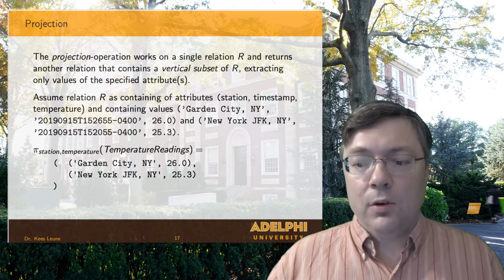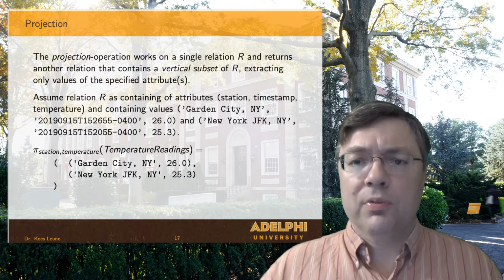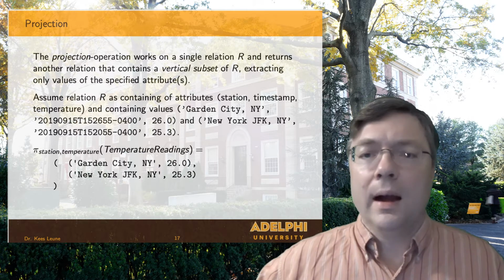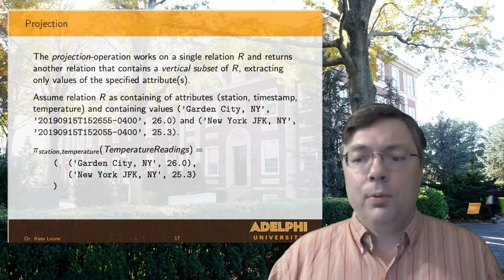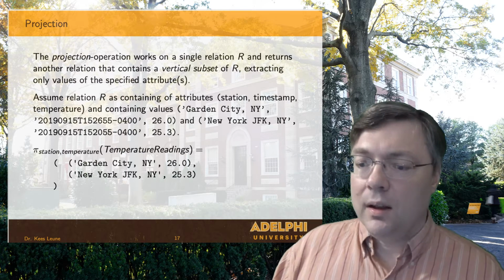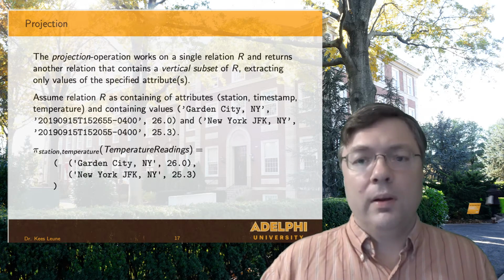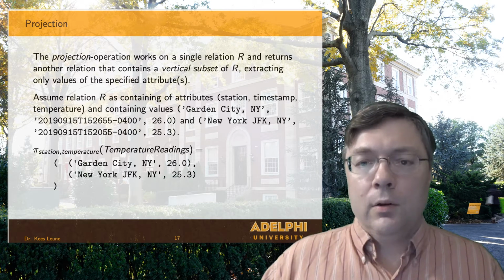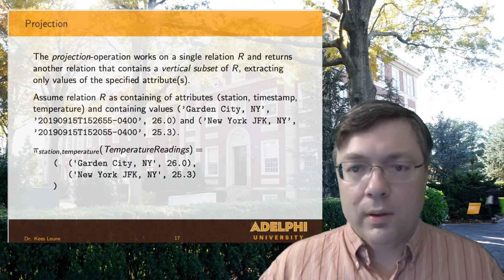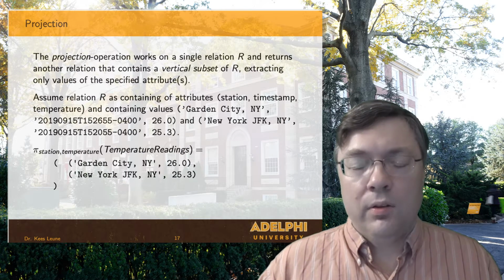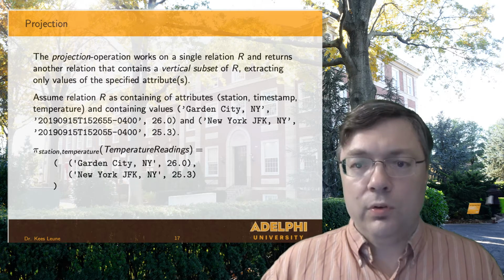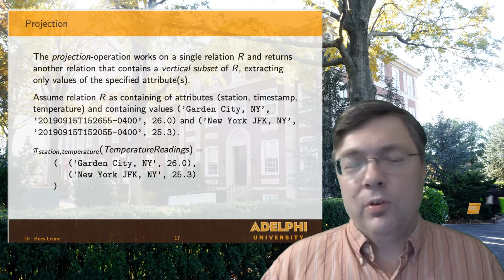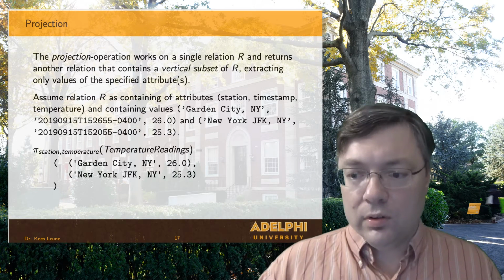And basically it creates what's called a vertical subset, but you can think of it as filtering out a number of the attributes. Again, let's take an example like behind me. Let's say that I have this relation for my temperature readings again. It contains a station, a timestamp, and a temperature. The timestamp is done in a date format that has a time zone associated with it, and the temperature is measured in degrees Celsius.